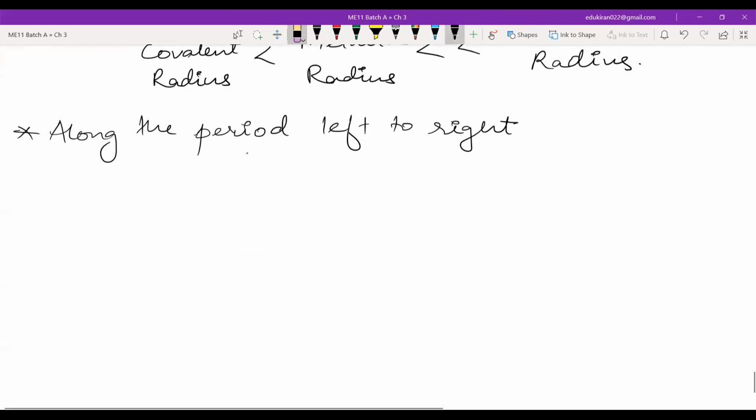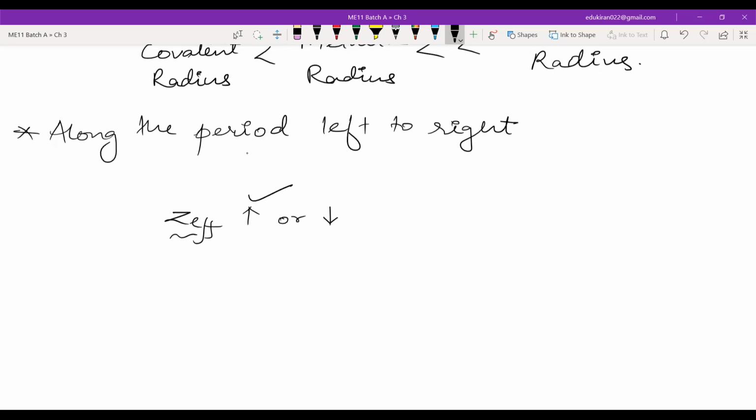You can say it in voice also: increases or decreases. So it will increase, right? From left to right, Z effective will increase.